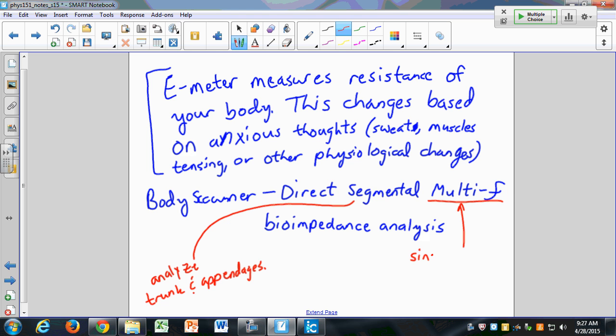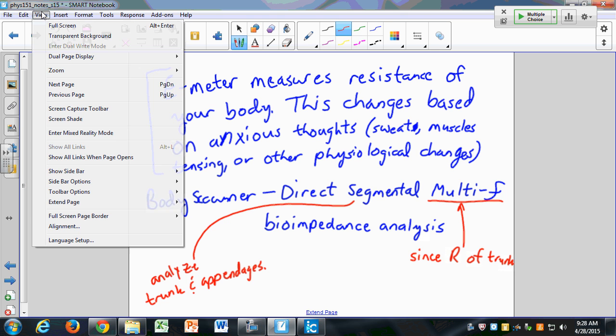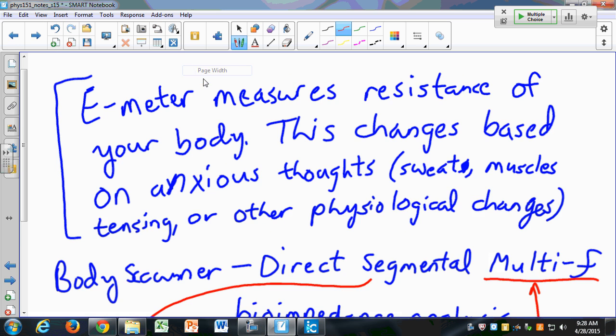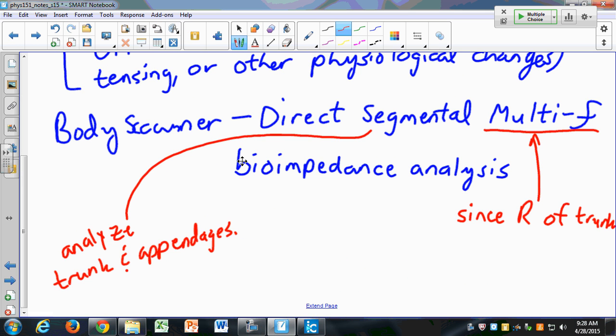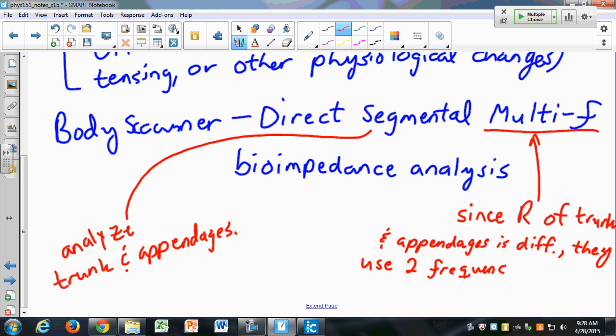So since the resistance of trunk and appendages is different, they use two frequencies to analyze each separately.